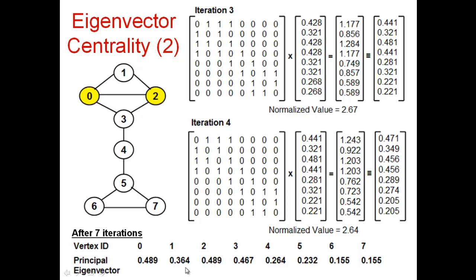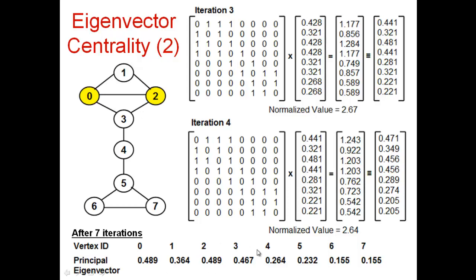Okay. So you see 0 and 2 are not distinguishable from each other based on degree. They each have degree 3, and two neighbors are 1 and 3. So there's no way we can distinguish 0 and 2. So that's why they have the same eigenvector centrality.